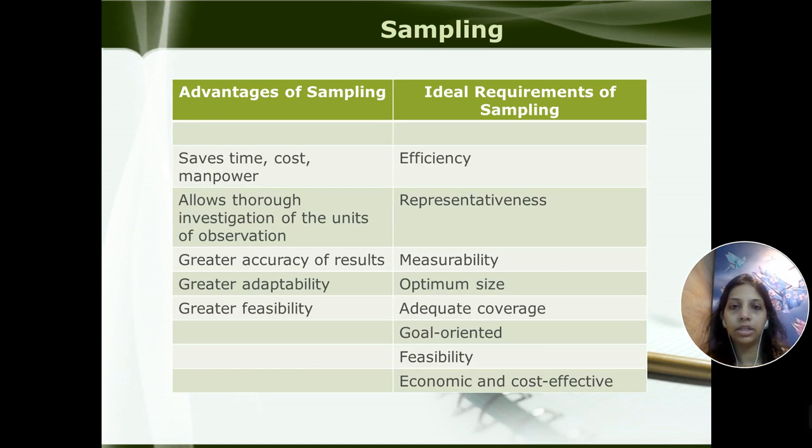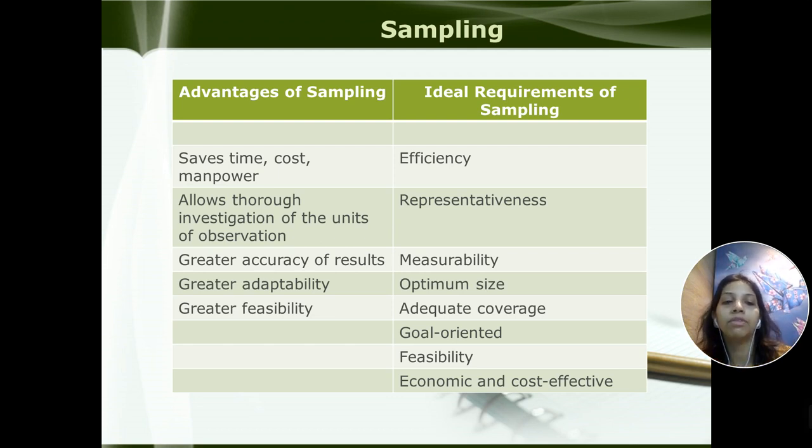So what are the different advantages of sampling? Obviously, because you are not considering the entire population, it will save time, it will save cost, and it will save manpower. It allows thorough investigation of the units of observation, because you have to deal with a lesser number of study subjects.